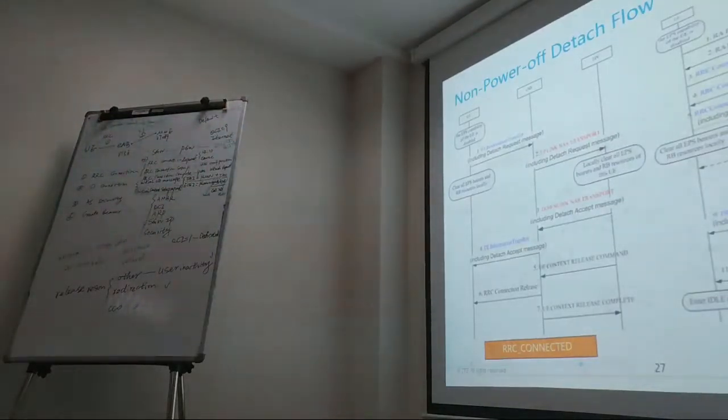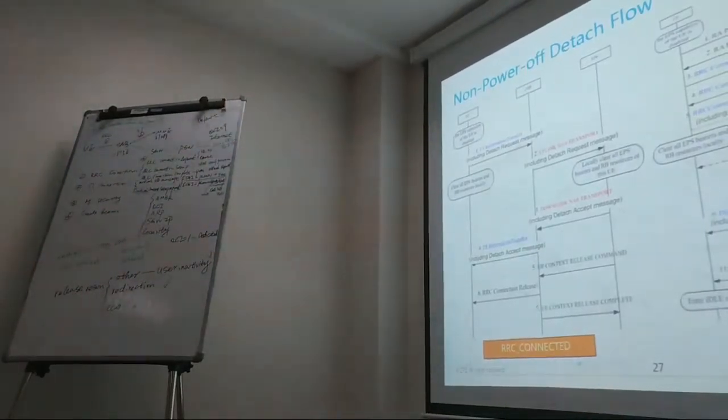It's very simple. But for idle state, I need to send the detach request, only one signaling. I don't need to recover my bearer, right? I just want to tell you, okay, I will leave this network. So here we just recover the RRC connection.